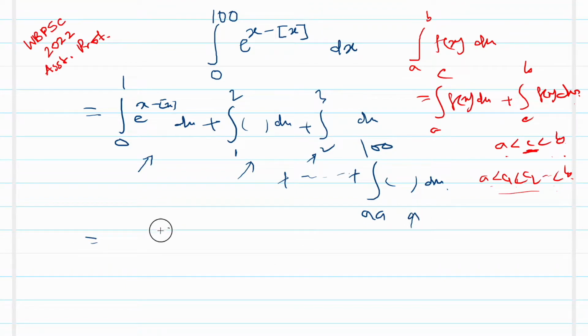So what we can write in a compact form is this: the sum over i equal to 0 to 99 of the integration from i to i plus 1 of e power x minus box x dx. So we want to just calculate this individual integration and then do this sum.